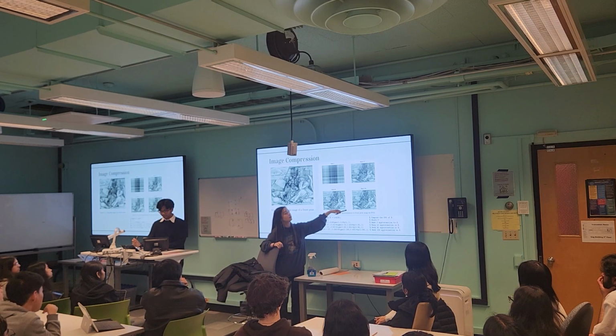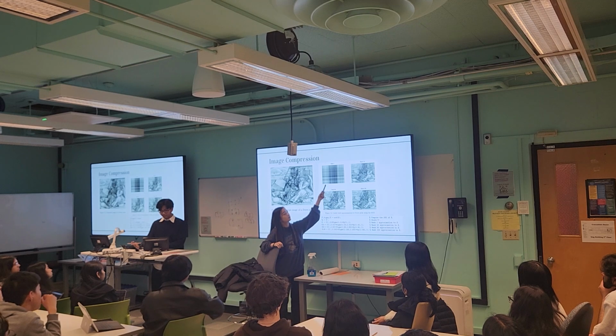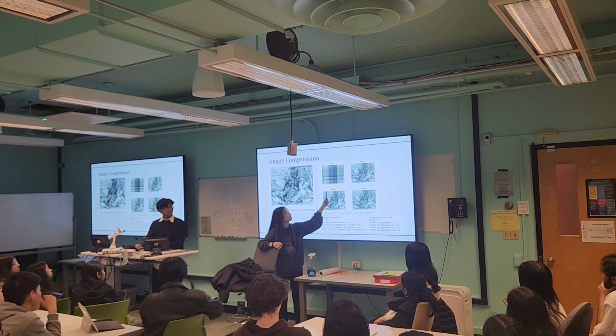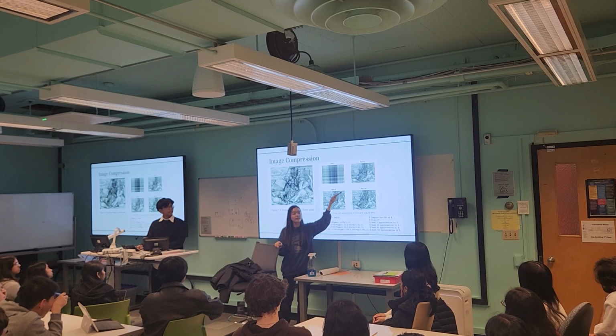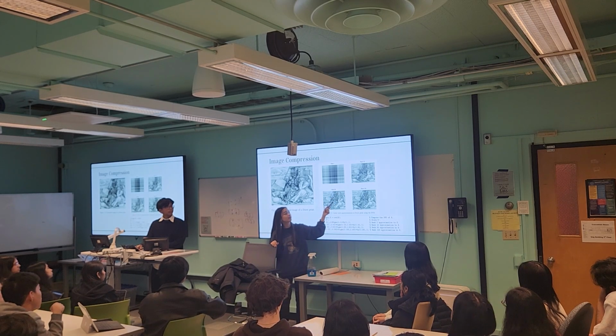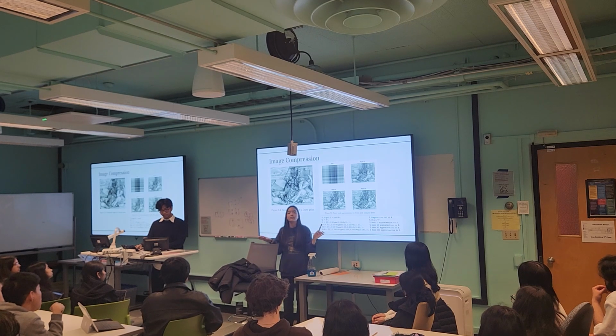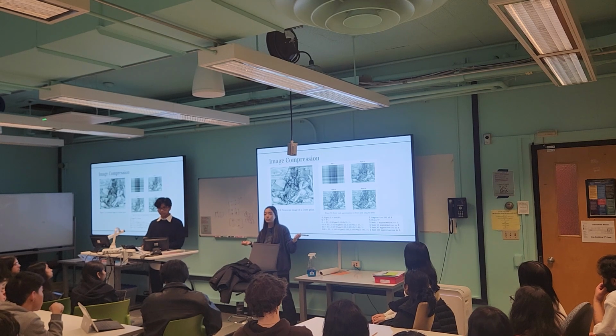As you can see, this one is really blurry and this one is kind of clear, right? Because for this one we choose the k value to be 1, that's called a rank 1 approximation. For this one we choose k to be 10, this one k is equal to 50, and this one k equals 100. As you can see, the larger the k value, the better the quality of the image.